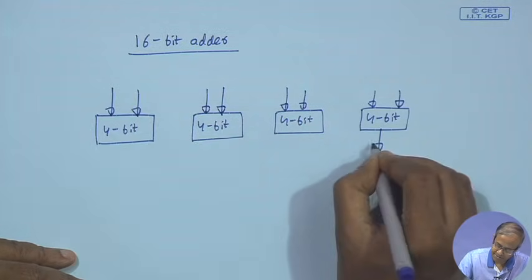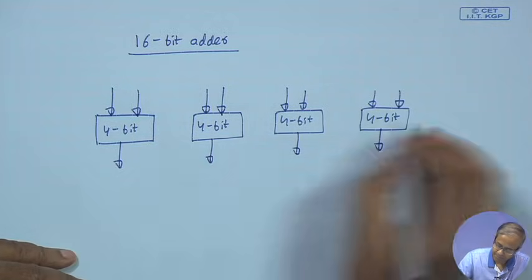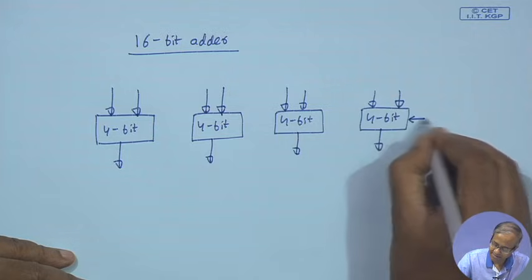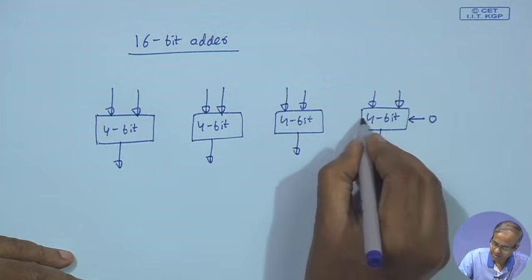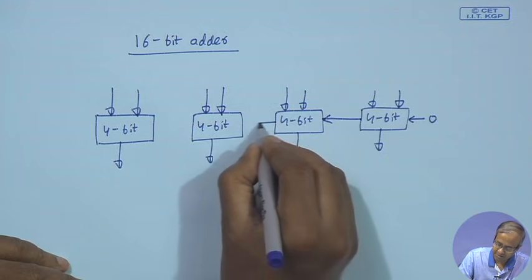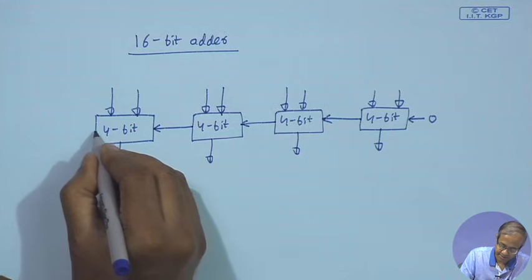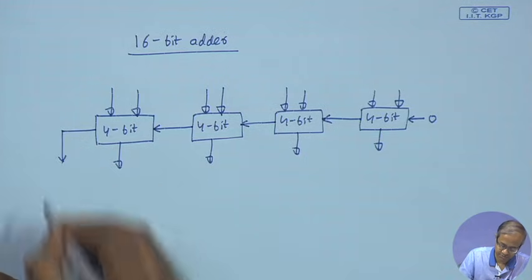They will be generating a sum. So, the carry in for the first stage will be 0 and this carry out will go into the carry in of this. This carry out will go into the carry in of this. This carry out will go into the carry in and this will be the final carry out.